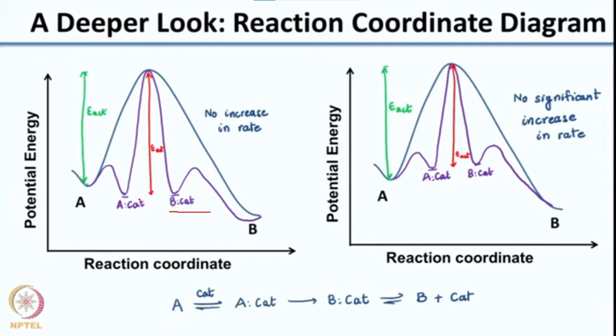The transition state activation energy is given by the red arrow, right? You can see the stability of A is less than the A catalyst complex. So from here to here, the activation energy will be low compared to this stable one, which will be a favorable one.